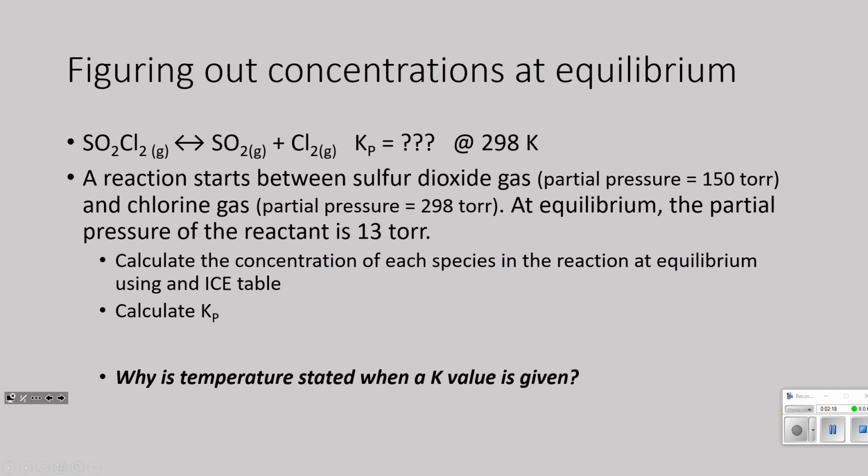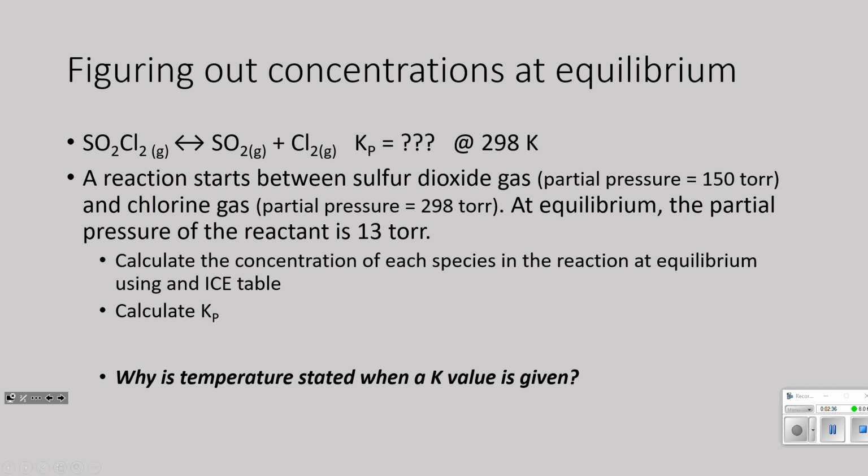I was mentioning before that there's a lab that we're skipping to save time. Actually, this is very similar type setup to what we would do in that lab, where we would know how much reactants we started with, but if you're trying to find the K value, you couldn't figure out the equilibrium concentration just by looking at something.